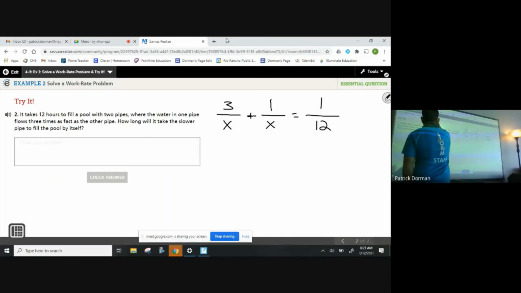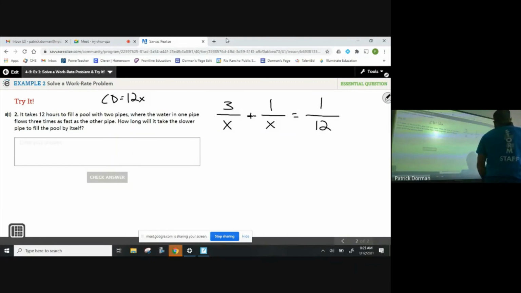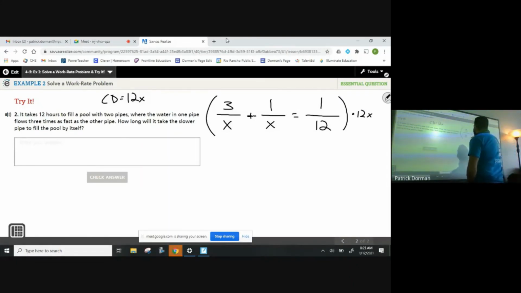So the common denominator is 12x, right? That is the smallest thing that is divisible by each one of those denominators, 12x and x. So then we'll go ahead and multiply everything by 12x. All right. And I'm going to go ahead and do the actual multiplication on this one just to save a step.